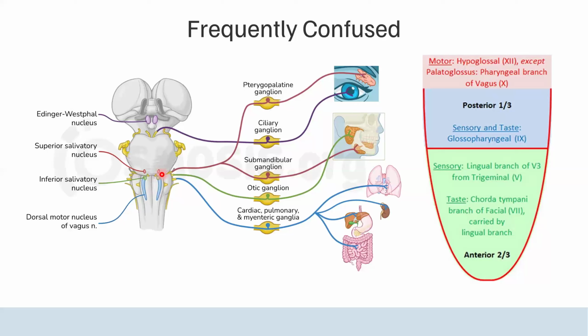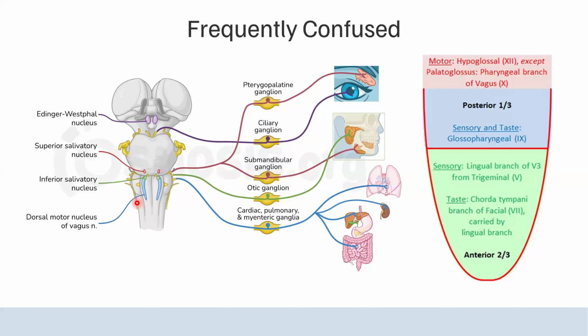Moving on, we have our glossopharyngeal, where we have the inferior salivatory nucleus. This inferior salivatory nucleus is going to give its parasympathetic supply to our glossopharyngeal nerve. As it does that, it goes to the otic ganglion, which then supplies the parotid gland for salivation.